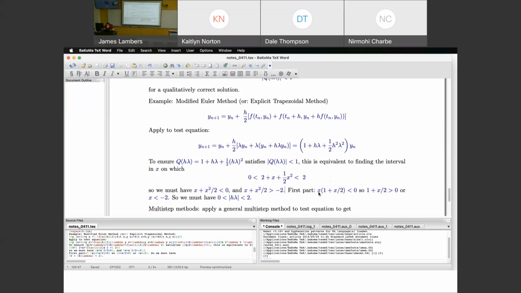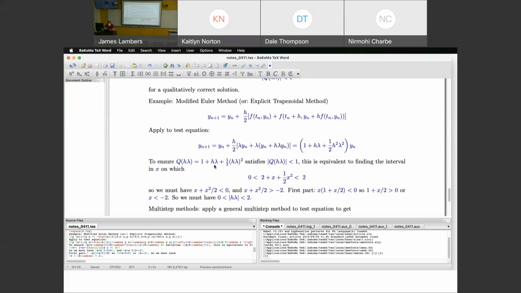So what happens here is, from this inequality over here, since this has to be negative, these have to have opposite signs. First of all, x is equal to h lambda.